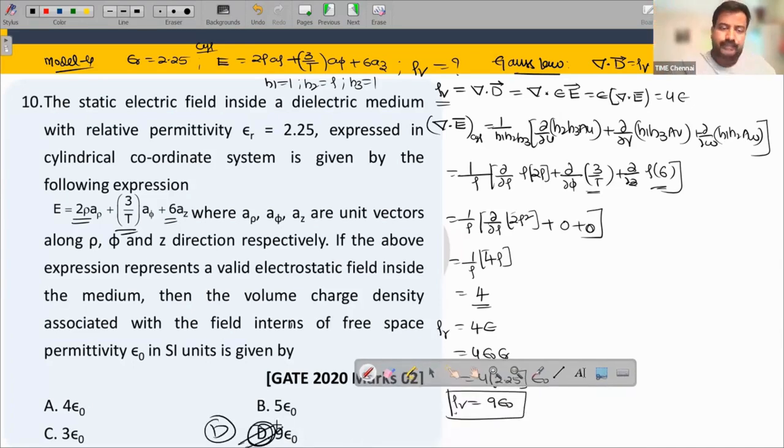Option D is the answer. This is the same problem until you understand this initial concept and reach this point. Then it is the same model. Okay. Is that clear?